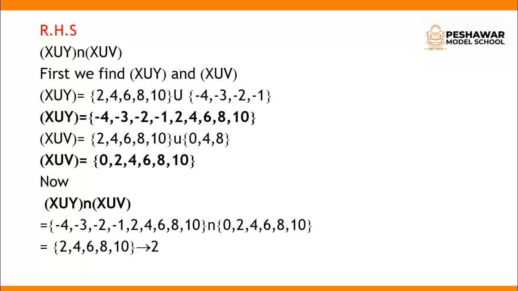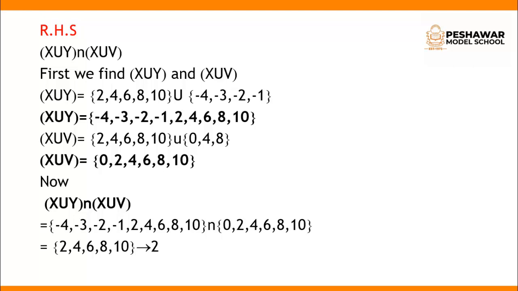Now we see that negative integers are smaller than the positive integers, so we go in ascending order and put the negative integers first. So -4 is smallest among all, -3 is greater than -4, -2 is greater than -3, -1 is greater than -2. Again the negative integers are complete.